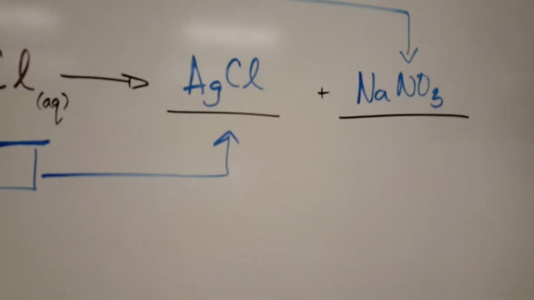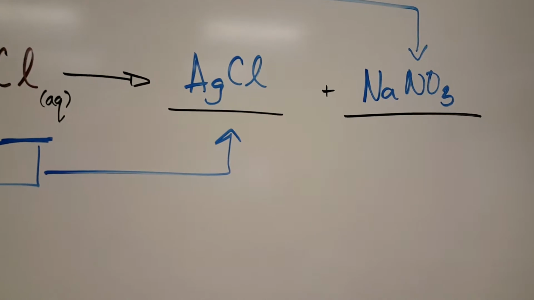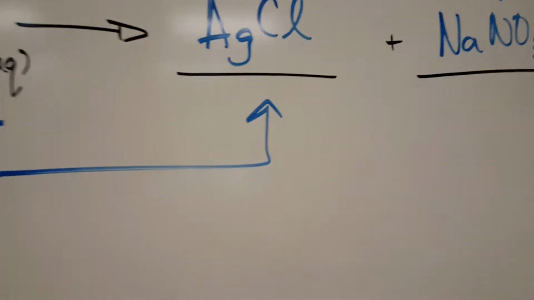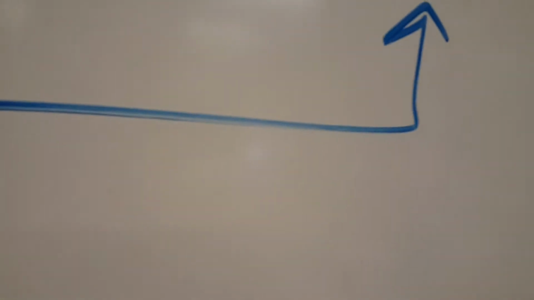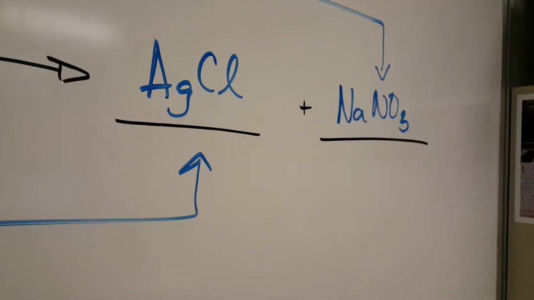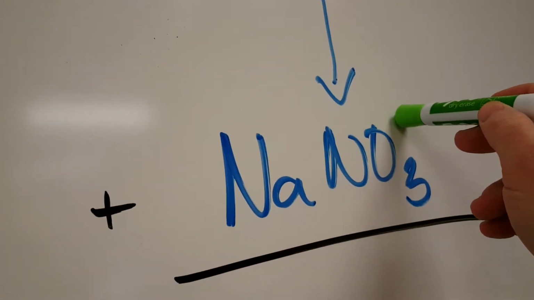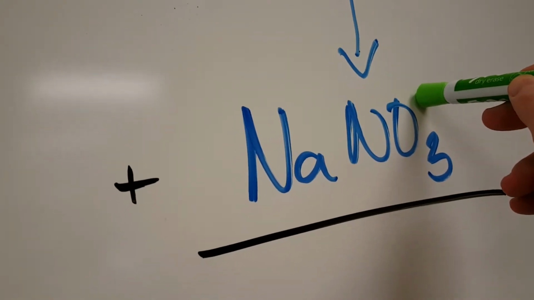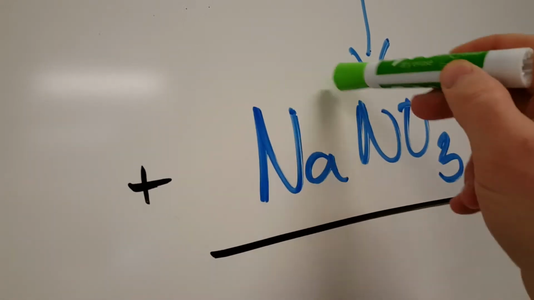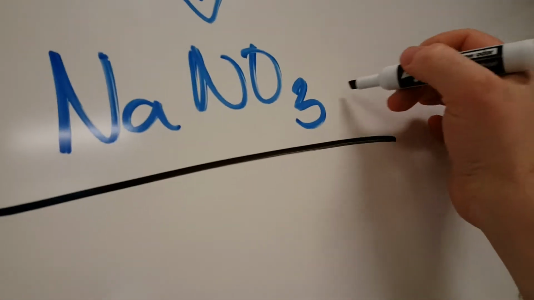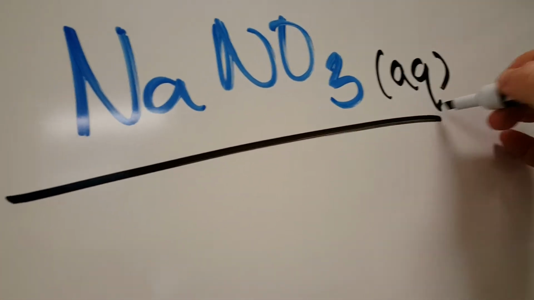Now, the question is, was that stuff that I made, the white powder, AgCl or the NaNO3? Well, I look at my solubility guidelines, reference table F, and I see that all nitrates, NO3s, are soluble. There's no exceptions ever. So even though sodium is attached here, this would be aqueous, dissolved in water still. So I can put a little aq next to it.